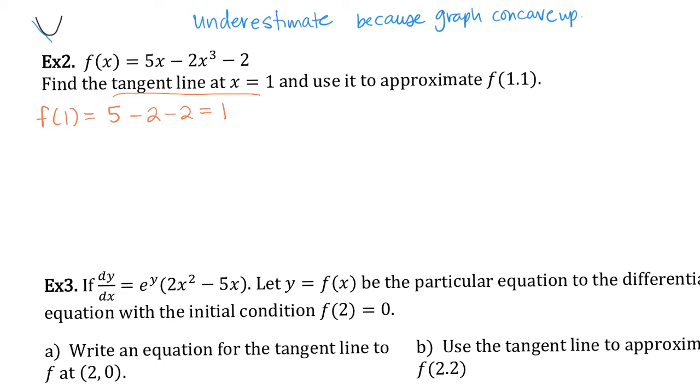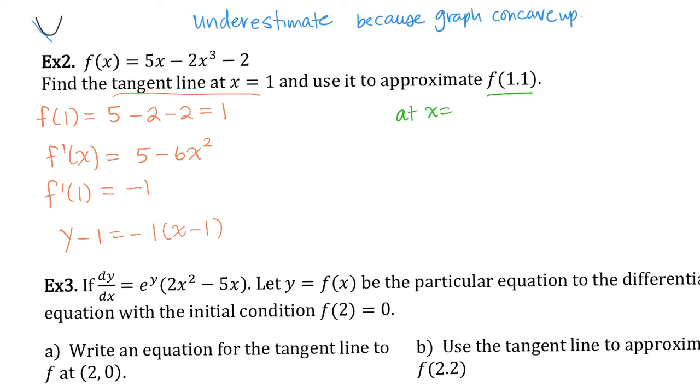Now I need the slope of the tangent line, so let me find the derivative of f, and then evaluate that at 1. 5 minus 6 is negative 1. Okay, so the tangent line is y minus 1 equals negative 1 times x minus 1. Now let me use that to approximate f of 1.1.